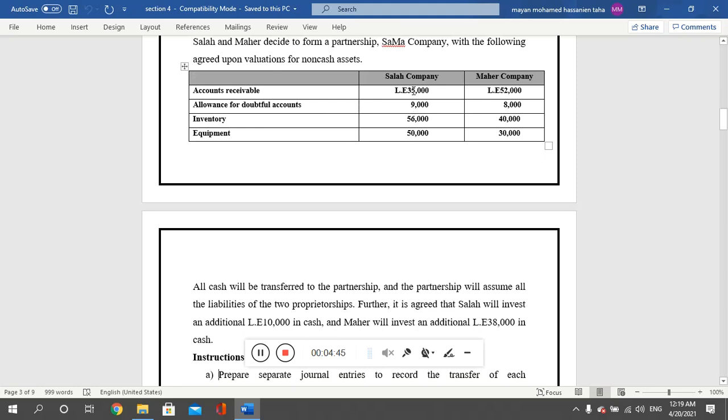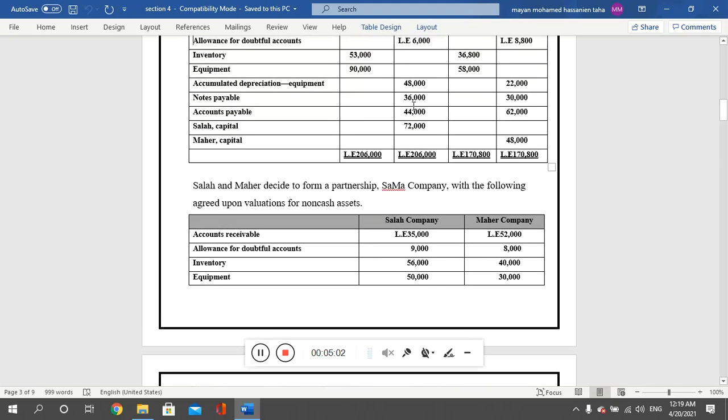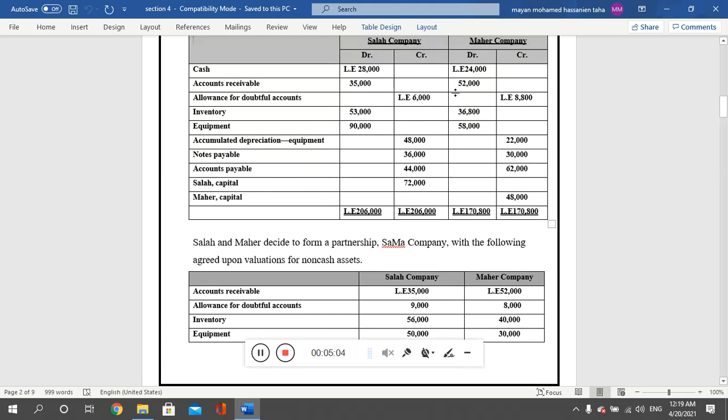Allowance for doubtful accounts: there is a new value, so there is a change here. It was $6,000 in the trial balance, but the new valuation states that the allowance for doubtful accounts for Salah will not be $6,000 but $9,000.